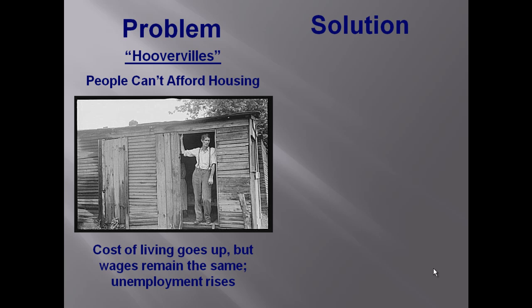The next problem he addresses is the fact that people can't afford housing, and we are seeing the rising of Hoovervilles. These are shanty towns put up by people who've been evicted or can no longer afford their housing. As the cost of living goes up, people are no longer able to afford their mortgages, and unemployment rises.